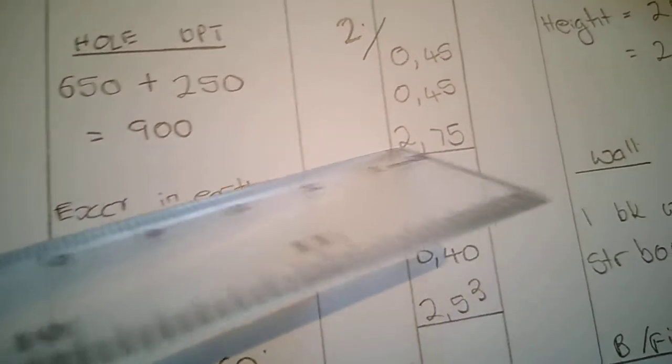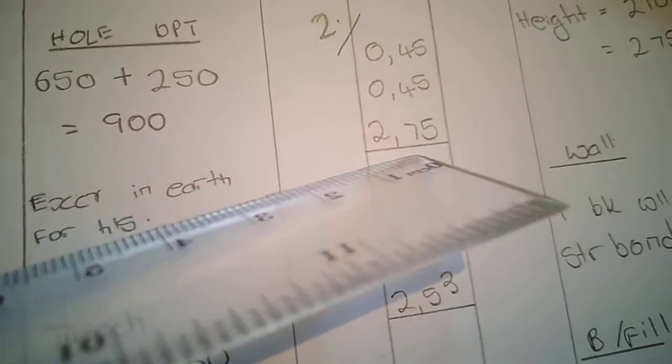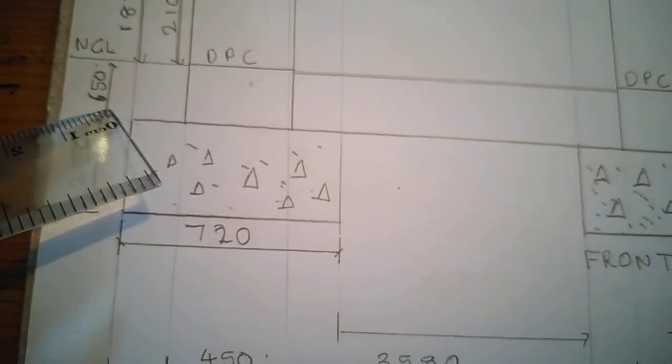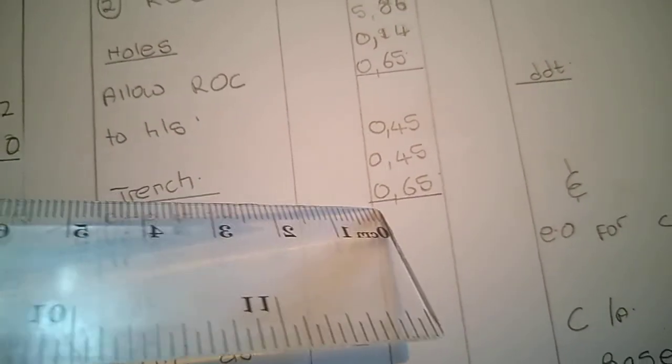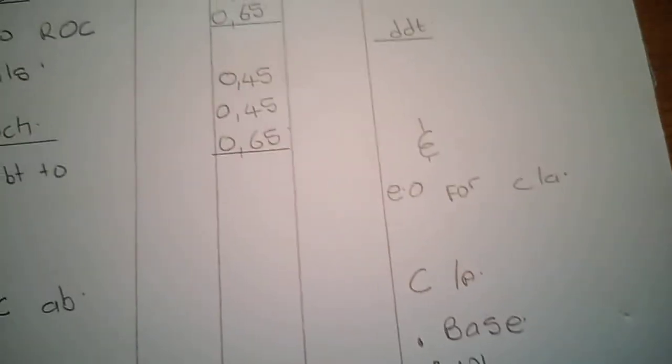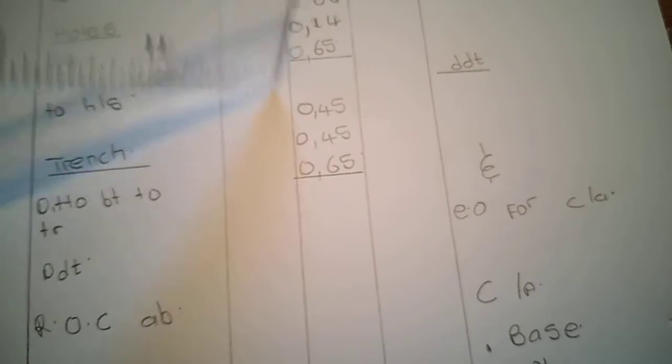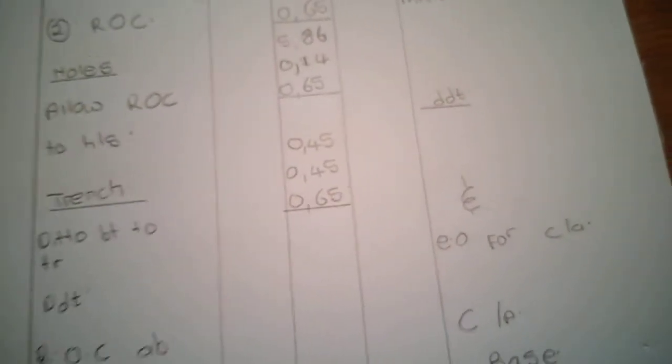But now what's going to change is the length, because when you backfill, you only backfill everything that is underneath the ground. So here we are going to deduct the pier, 0.45 by 0.45 by 0.65, and extra over for cutaway. So when we calculate cutaway, we no longer have to calculate that, because we have already mentioned it here, because this surplus is going to be cutaway. It's going to be maybe thrown off somewhere.